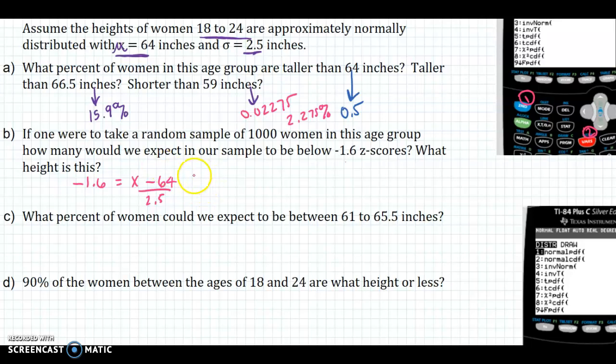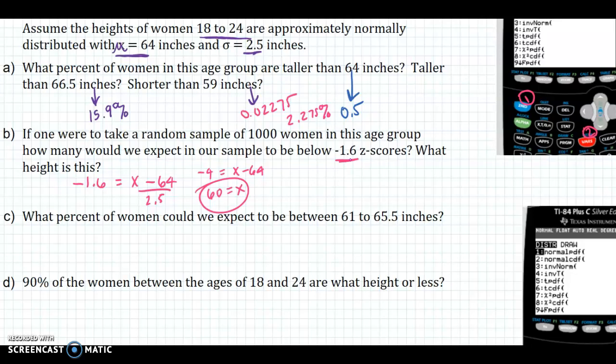So when I multiply both sides by 2.5, I get -4. Then I add 64 over, I get 60. So a -1.6 z-score is just 60, a height of 60.